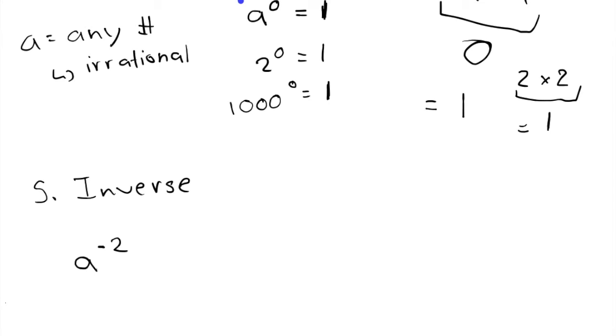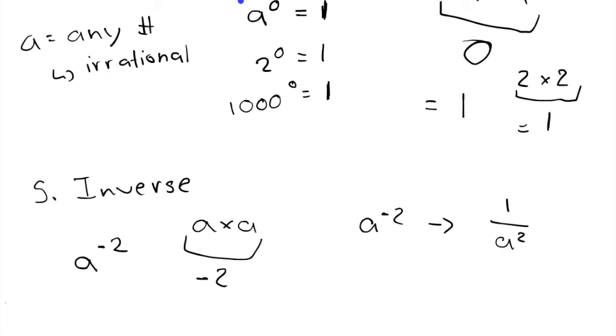You're basically saying I'm going to multiply a times a, -2 times. So you're saying I'm going to multiply this number -2 times. Well, this really does not make sense. So instead of saying a to the power of -2, we use the inverse, which is 1 over a to the power of 2, which is basically the same thing as using the reciprocal, because a to the power of -2 is basically a to the power of -2 over 1.